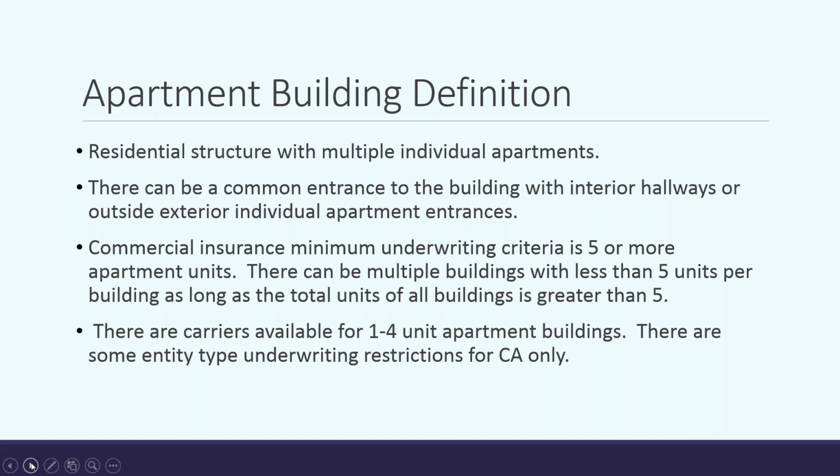Also, when you're talking about commercial insurance, there is a minimum underwriting criteria of 5 or more units. That's for commercial insurance, okay? So you can have multiple buildings. You can have 10 buildings with less than 5 units each, as long as the total units of all the buildings is greater than 5.